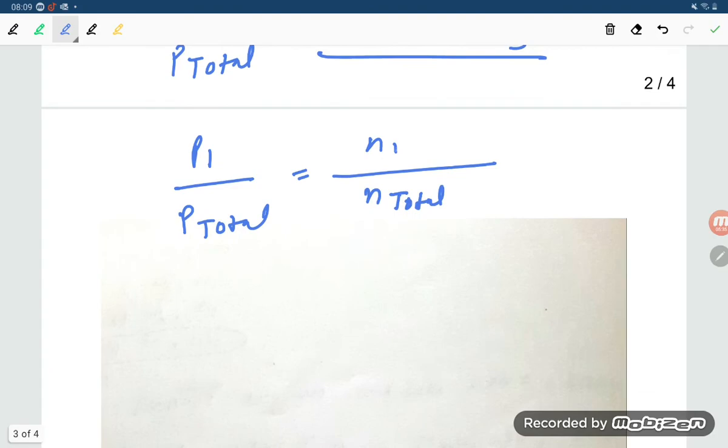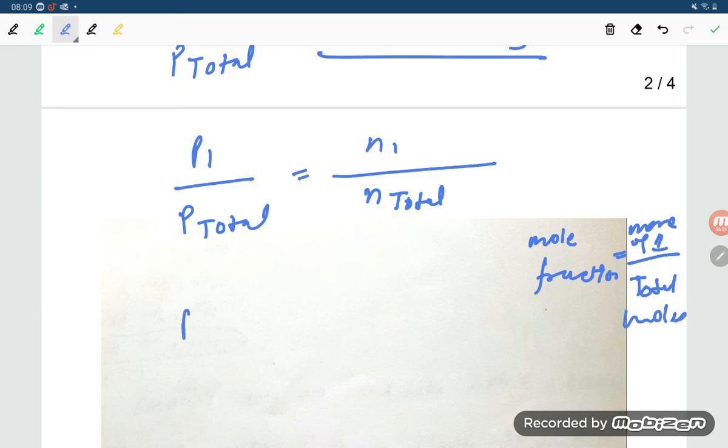Now N1 upon N total is the mole fraction. We have already studied mole fraction: moles of one component upon total moles.